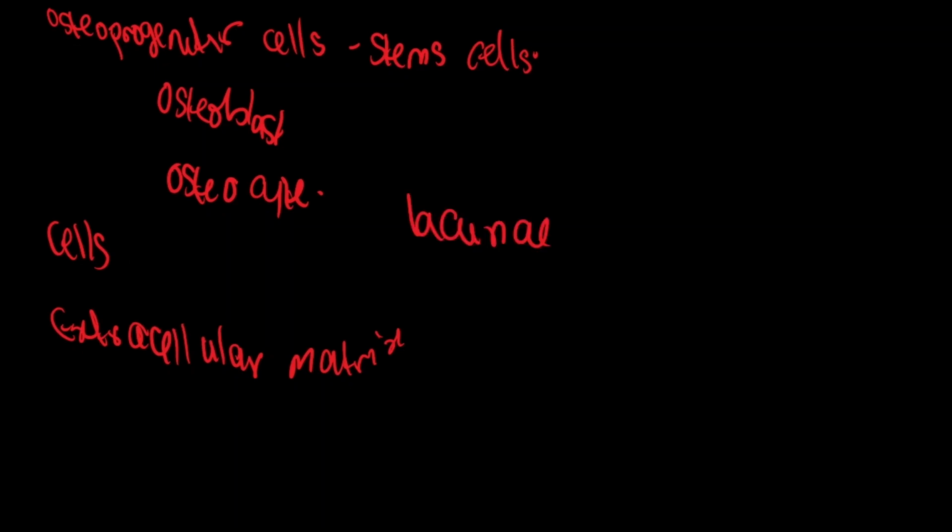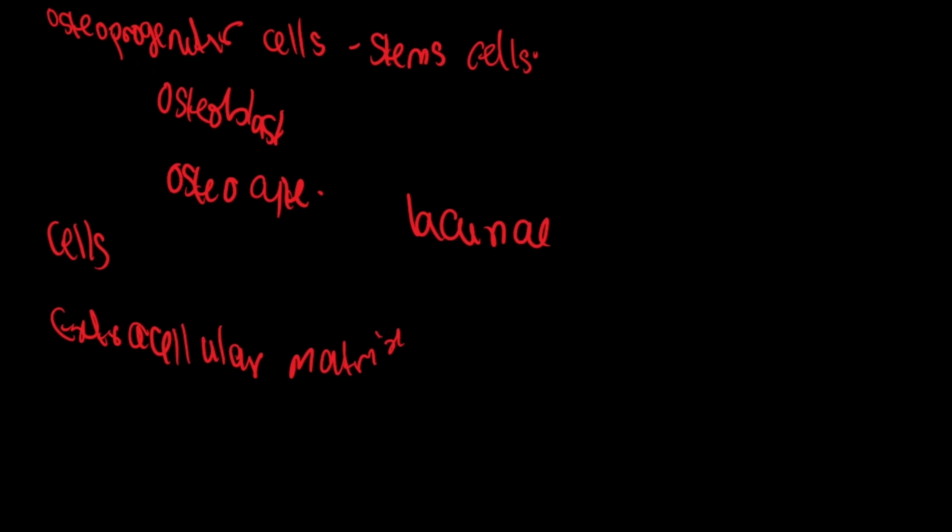Next, we have the bone lining cells. The bone lining cells are flat cells that are found on the bone surface, and they are found where the bone is not remodeling. Now, remodeling has to do with formation and reabsorption of bone. And it's bone remodeling that helps to keep the bone in good shape. So when remodeling is not taking place, we have the bone lining cells.